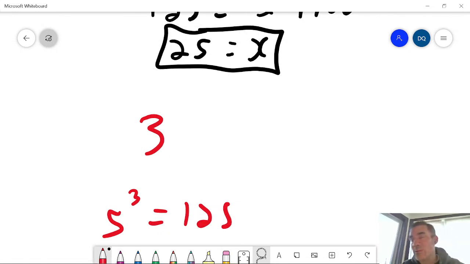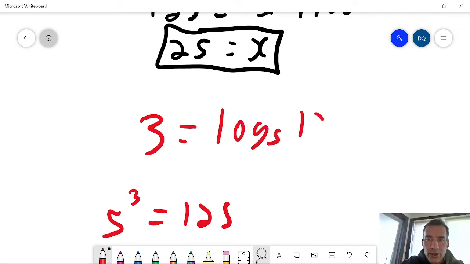The log version of this equation is that the base 5 log of 125 is equal to 3, because 3 is the exponent you would have to raise 5 to get 125.